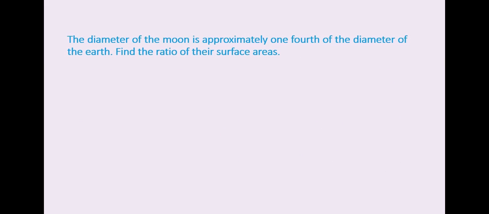Now, the diameter of the moon is approximately 1/4 the diameter of the earth. So let us write: diameter of the moon is 1/4 the diameter of the earth. We have to find the ratio of the surface area. So the radius of the moon will be half. Yes, the ratio is 1 is to 4.